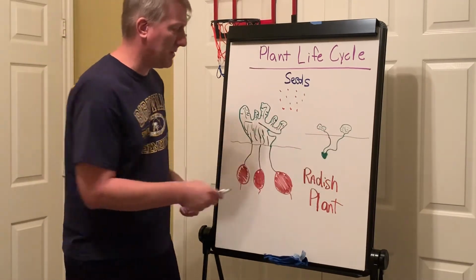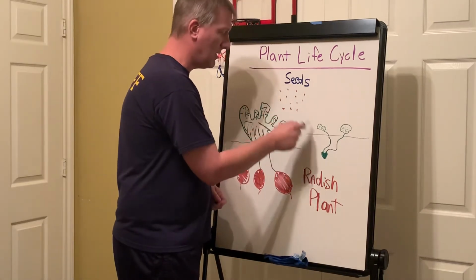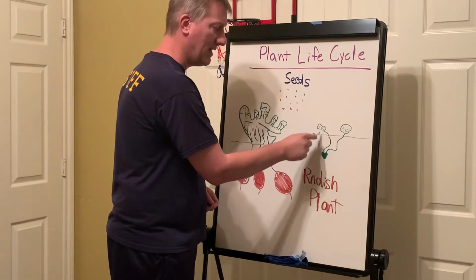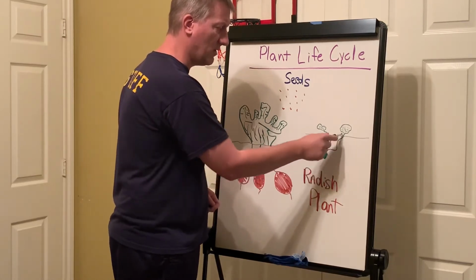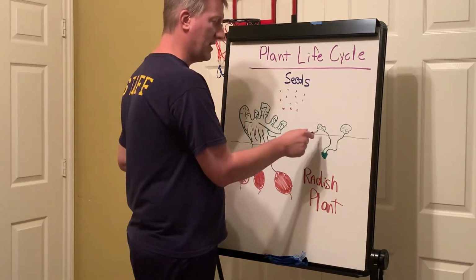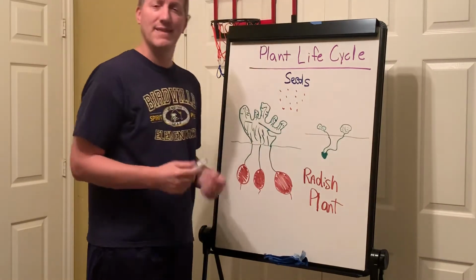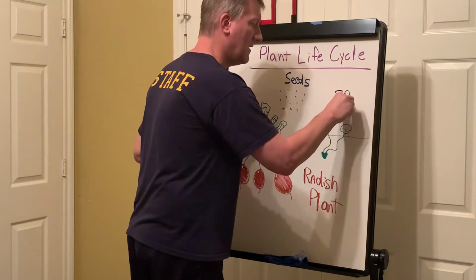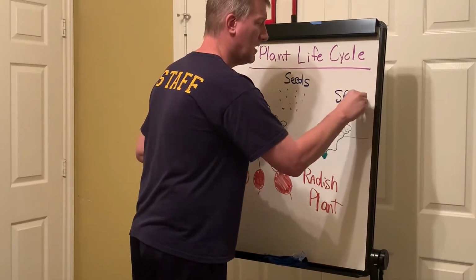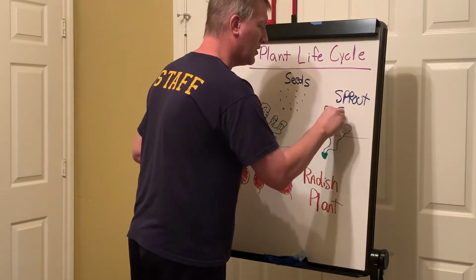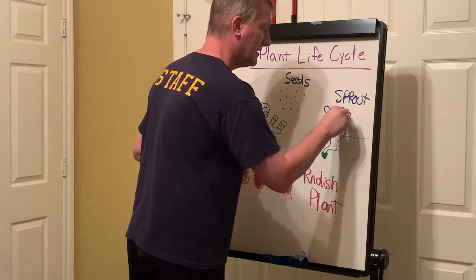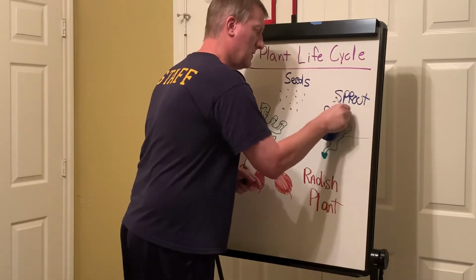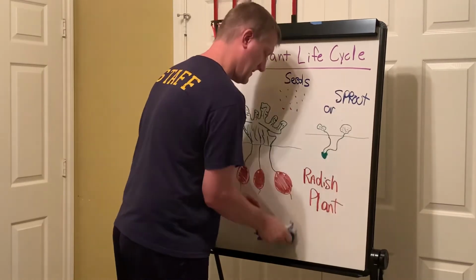The next thing it comes to is a small plant. It starts to sprout out of the seeds down here, and I just did one seed and showing you how it will sprout out of there, and that's what it's actually called. It's called a sprout, or you could call it a seedling.